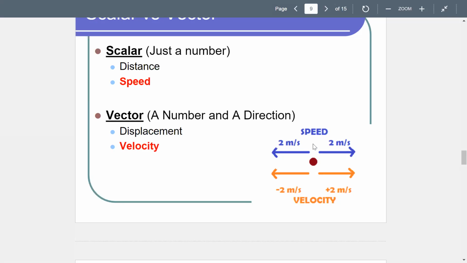That's the one I'm going to default to when we do our work, so just be aware that that's what we see most often.